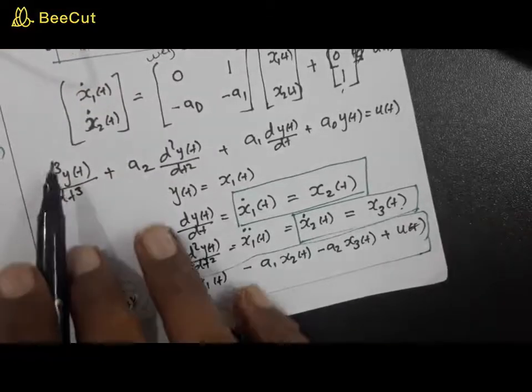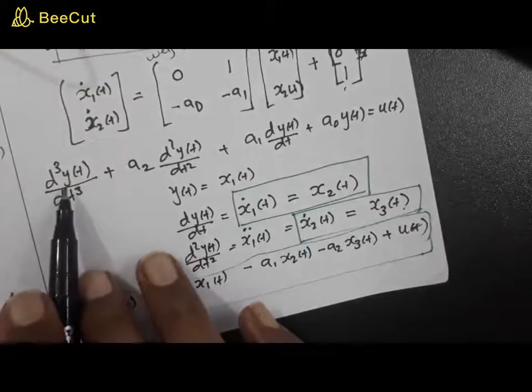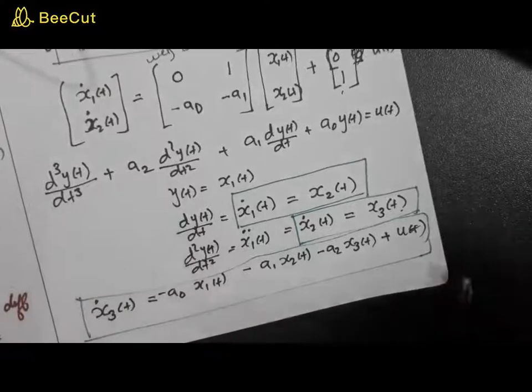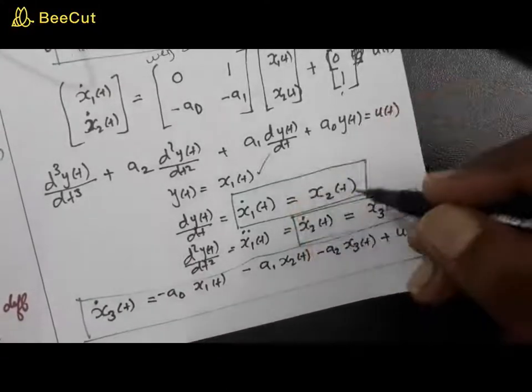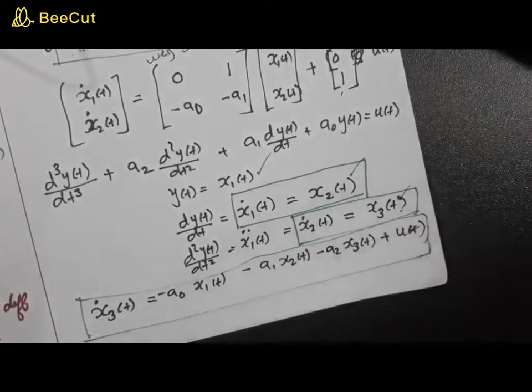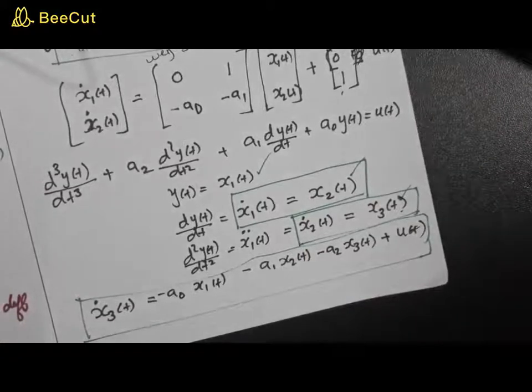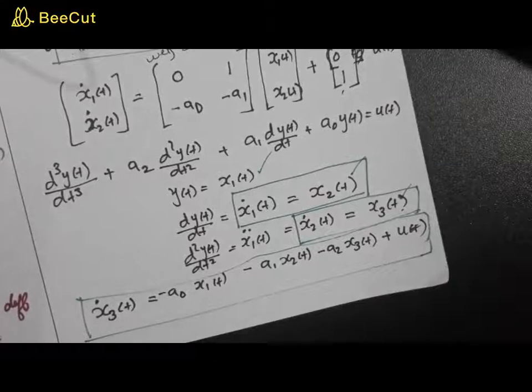Equations is 3, and the order of the system is 3. And how many variables? The variables are x1 of t, x2 of t, and x3 of t. So the state equation is nothing but the first order derivatives of the state variables. However many state variables you have, that many first order derivatives you will have. Okay, it's clear.